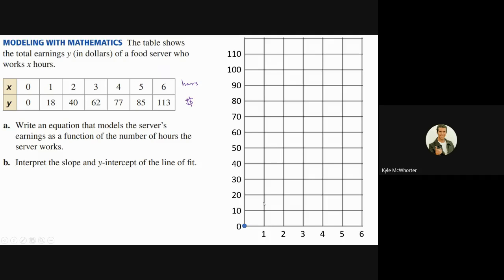So over 1, up 18. 2, 40. So over 2 and up 40. 3, 62. 4, 77. 5, 85. And 6, 13.